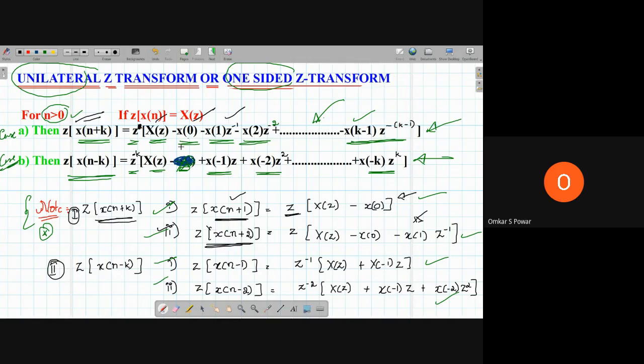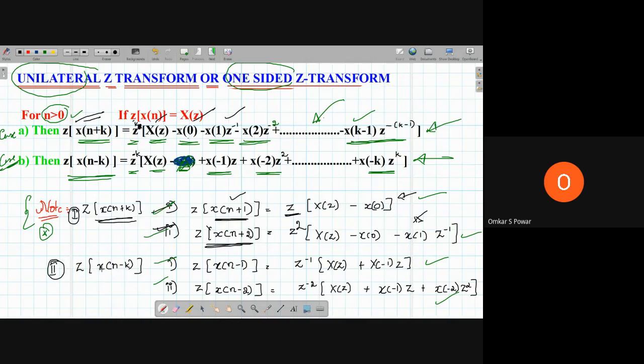These things will come in your difference equation, so in order to solve that, you need to keep this in mind. So this should be z to the power of k, and here it should be z square. Sorry for this mistake. Since k is equal to 2, z square into x of z minus x of 0 minus x of 1 into z to the power of minus 1. So these two things we have to keep in mind.